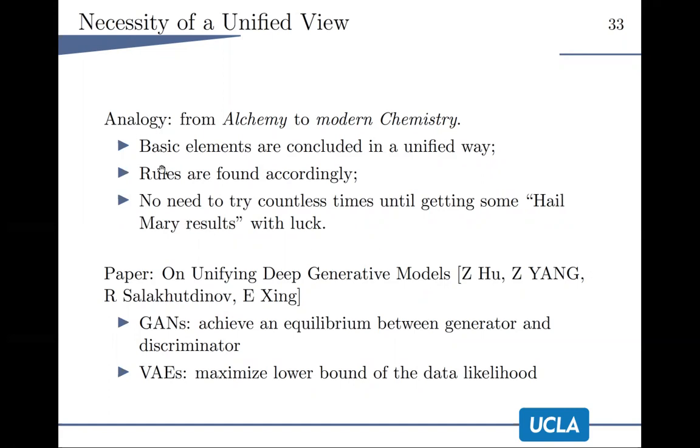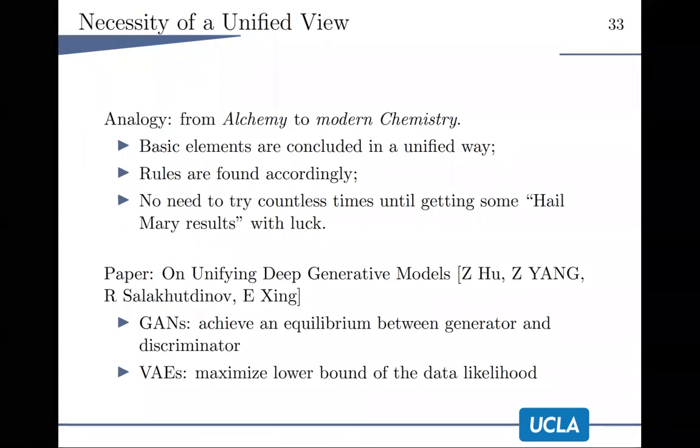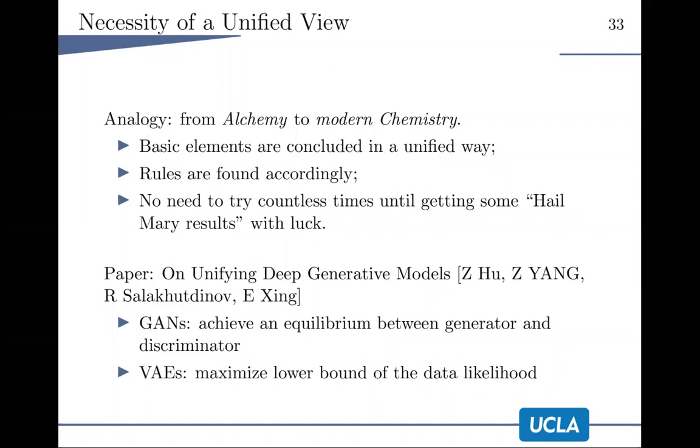We're trying to find some basic elements and some rules, so there's no need to try endless times and hope to find something good with luck. We can build some theory to guide us to a better practice.